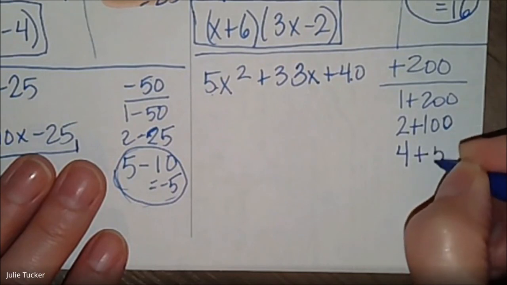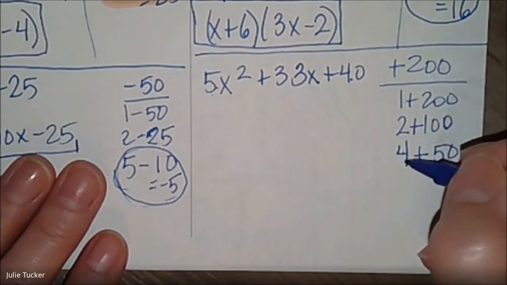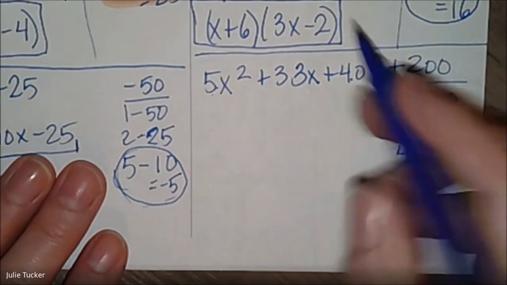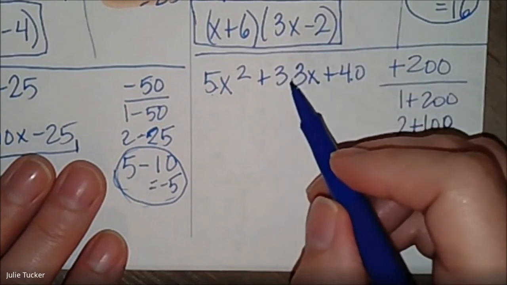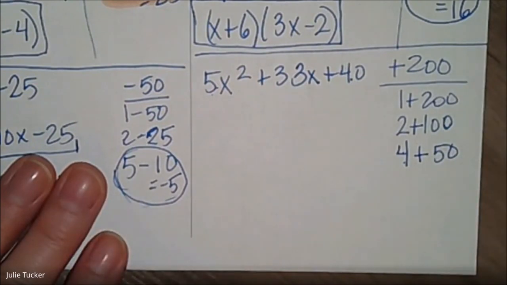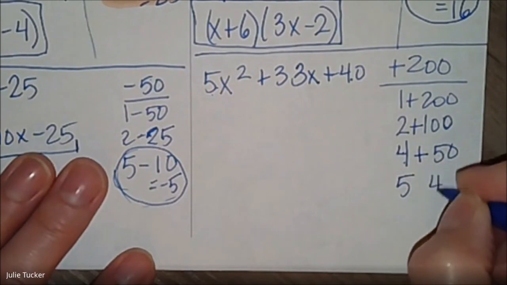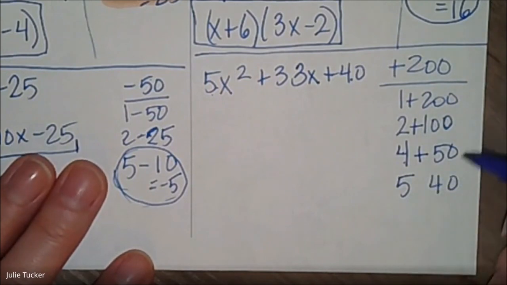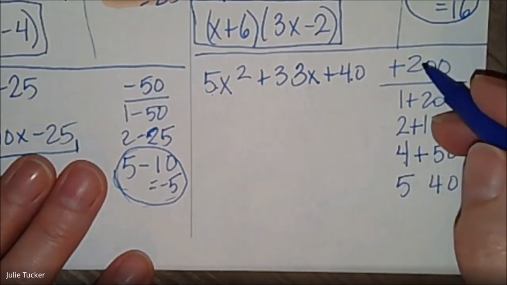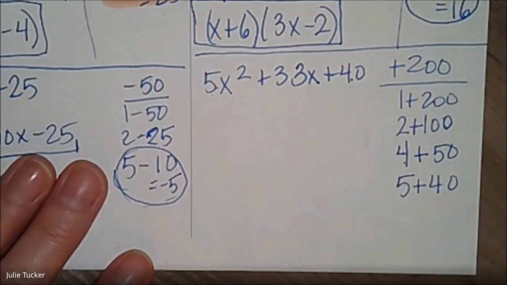That would be 4 times 50, which gives you 200. 4 plus 50 does not give you 33. 4 plus 50 would be 54. Next one, 5 times 40. We're getting closer. 5 times 40 is 200. 5 plus 40 is 45.